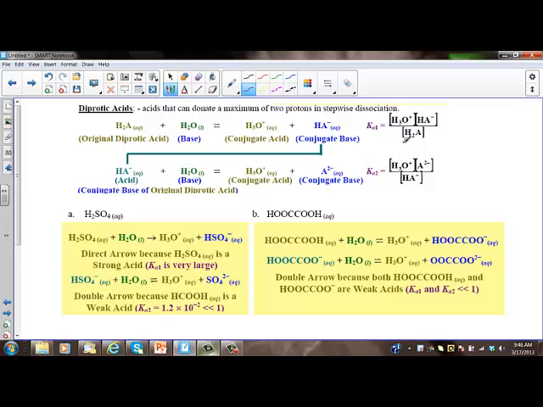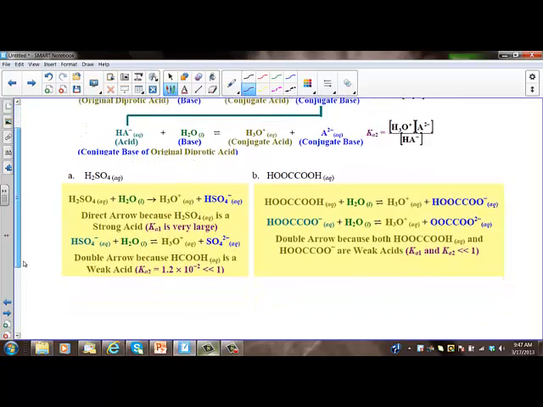And this would be your Ka1. Then in the next step, you would take the conjugate base that was produced as a result of the first dissociation and put it in water. Now the second H comes off and you have A2 minus, and then your Ka2. If you had a triprotic acid, it would be a third dissociation.